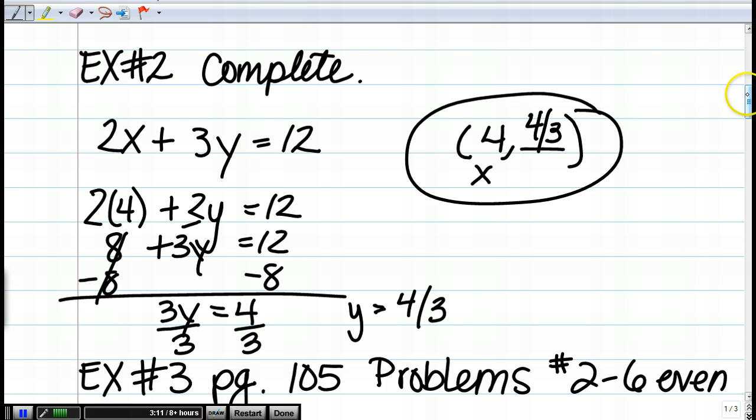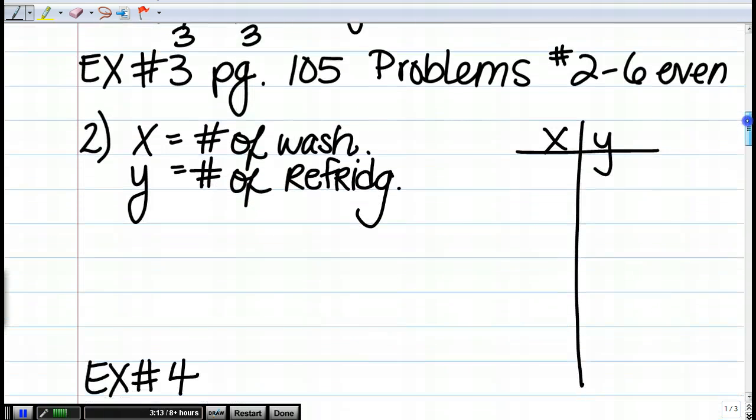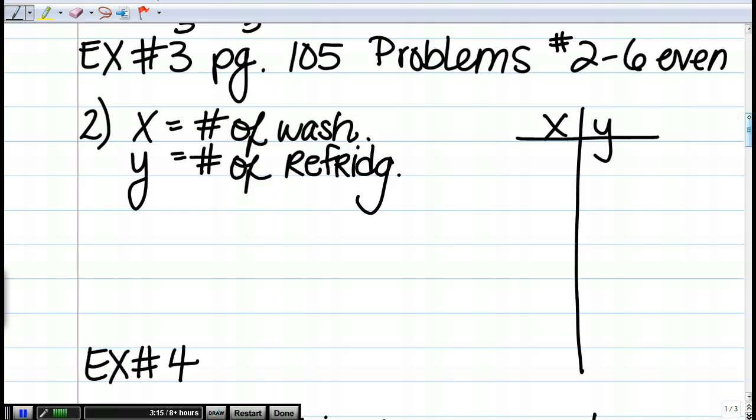Example number 3 through, I think, 5, we are going to be looking at page 105, the word problems, 2 through 6 even. So make sure you're following along in the book on page 105. Number 2 says that Bruce, an appliance salesman, earns a commission of $50 for each washing machine he sells.